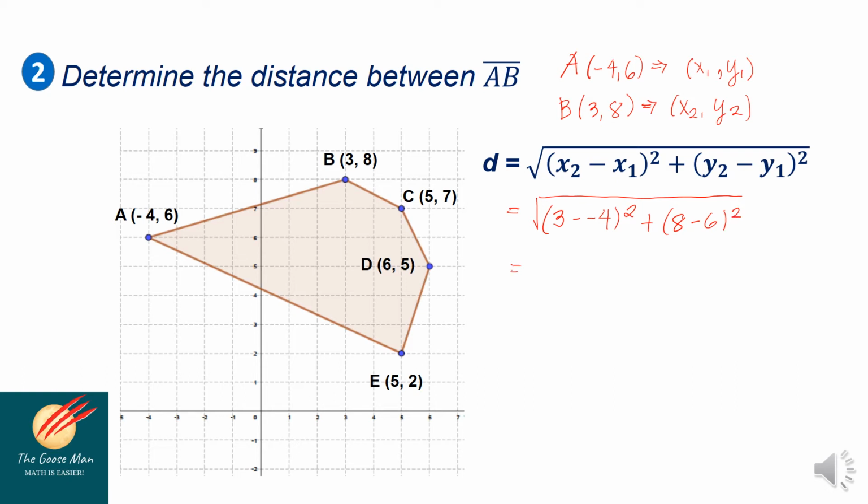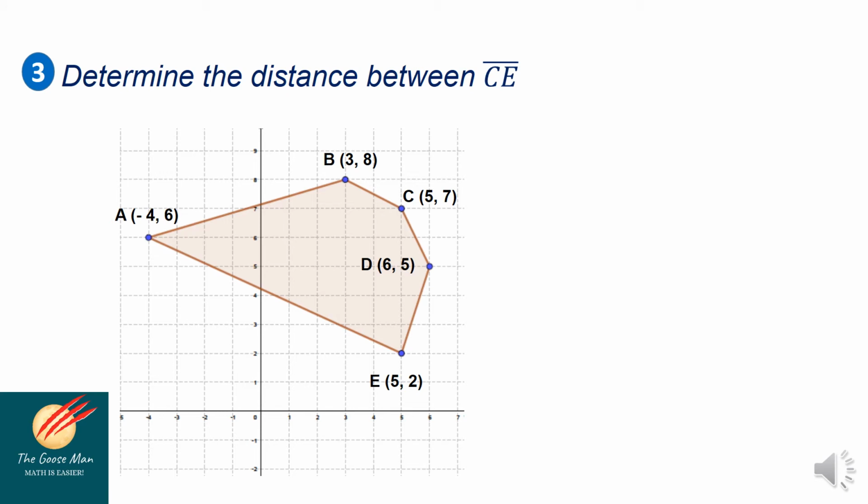So we have the square root of 3 minus negative 4, which is equal to 7 squared, plus 2 squared. Simplifying it further, we have 49 plus 4. So we have the square root of 53. Therefore, the distance between A and B is equal to the square root of 53.